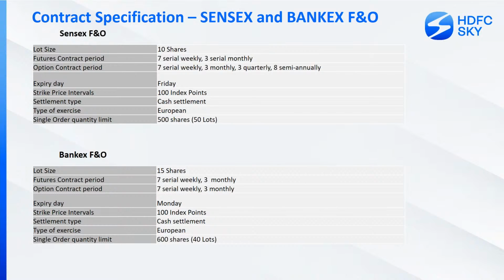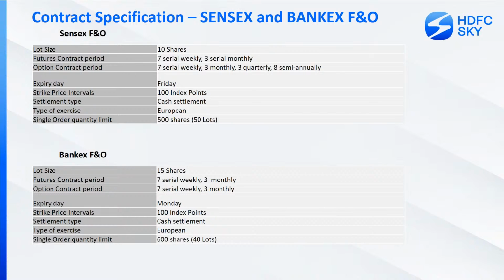So here, apart from near, next or far month contracts in options, you also have long dated options in Sensex. However, the liquidity is not good enough in the long dated options. But in the near month series, in the weekly and monthly options, you will get enough liquidity in Sensex options.